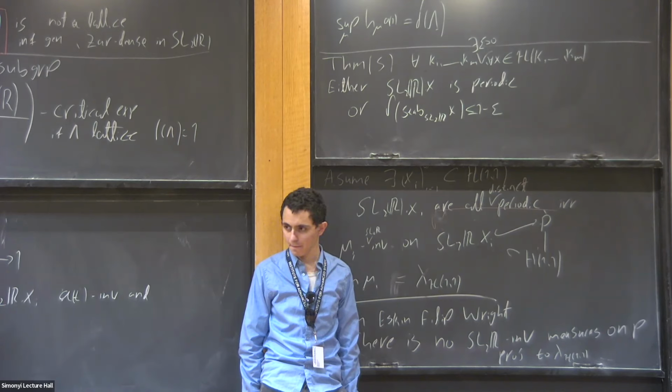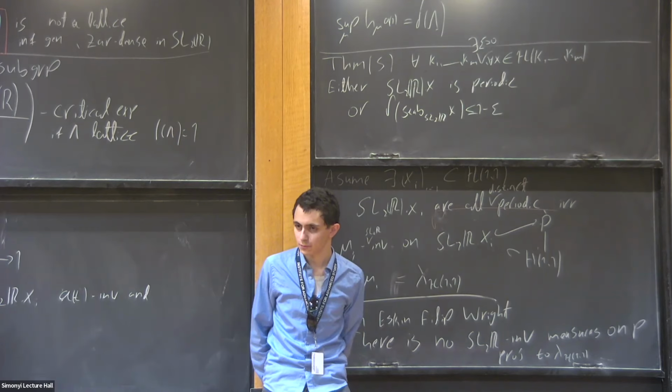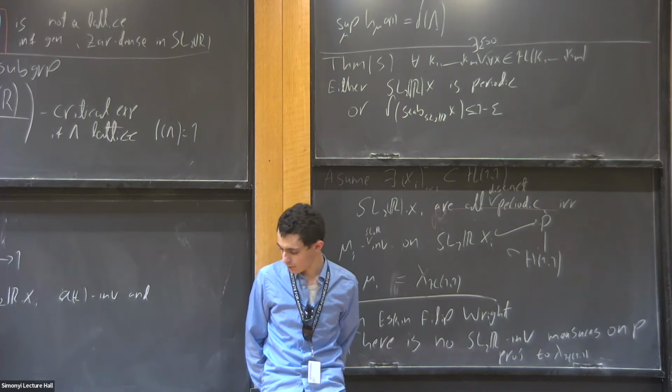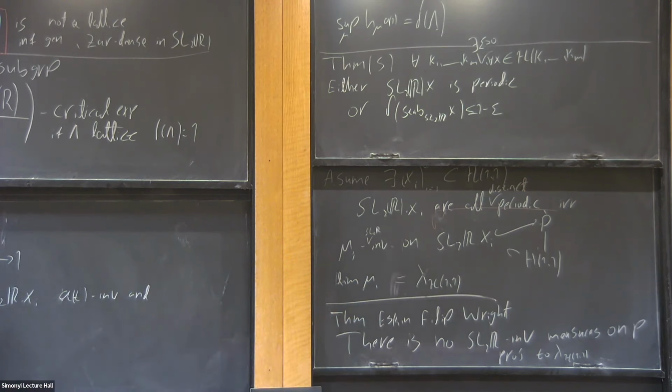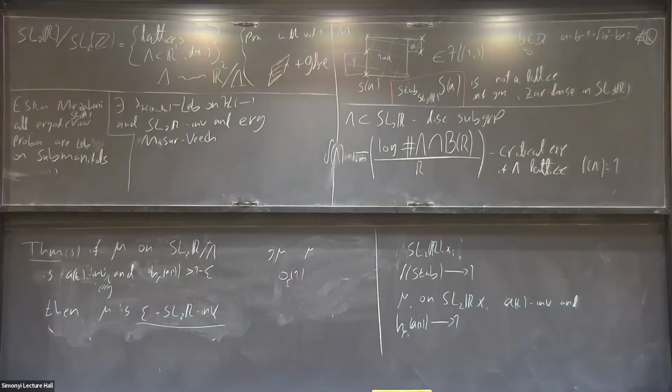Again, you could look at the case which I understand better: quotients of SL2C by a non-arithmetic lattice, and then orbits of SL2R where the stabilizer is Zariski dense. There, I don't see a relationship.